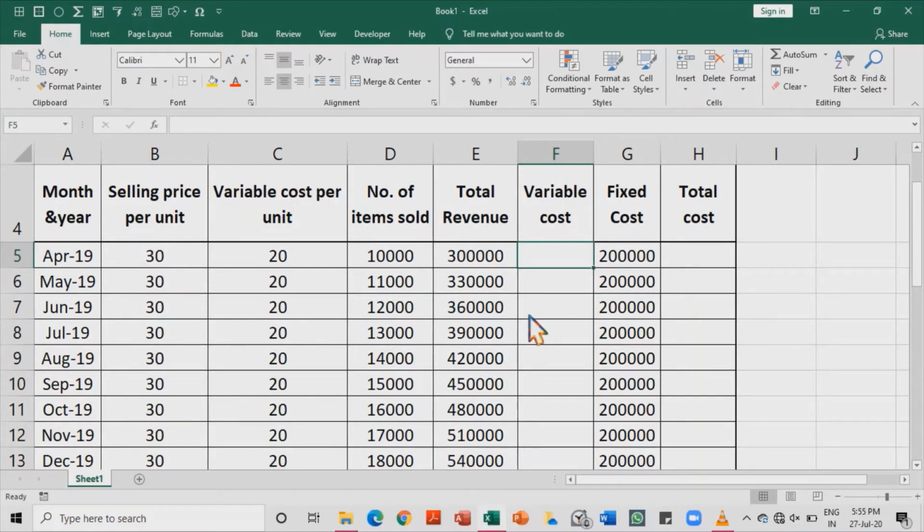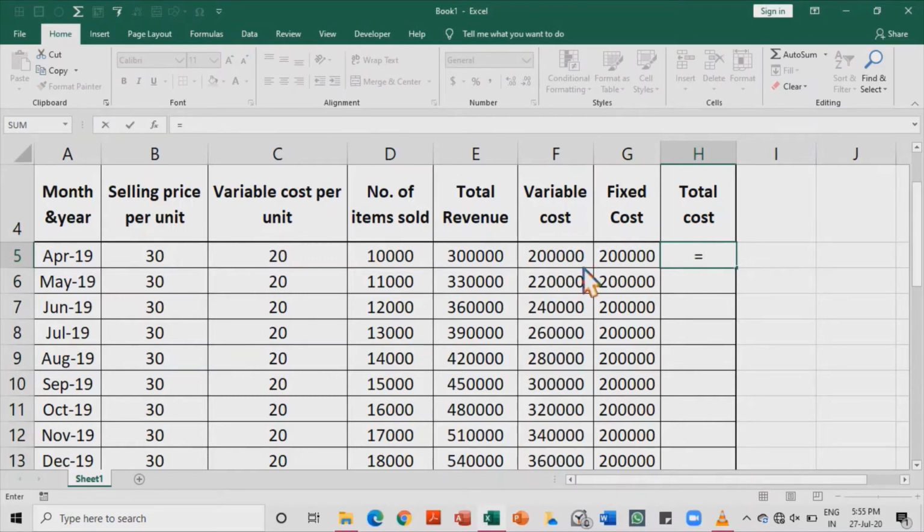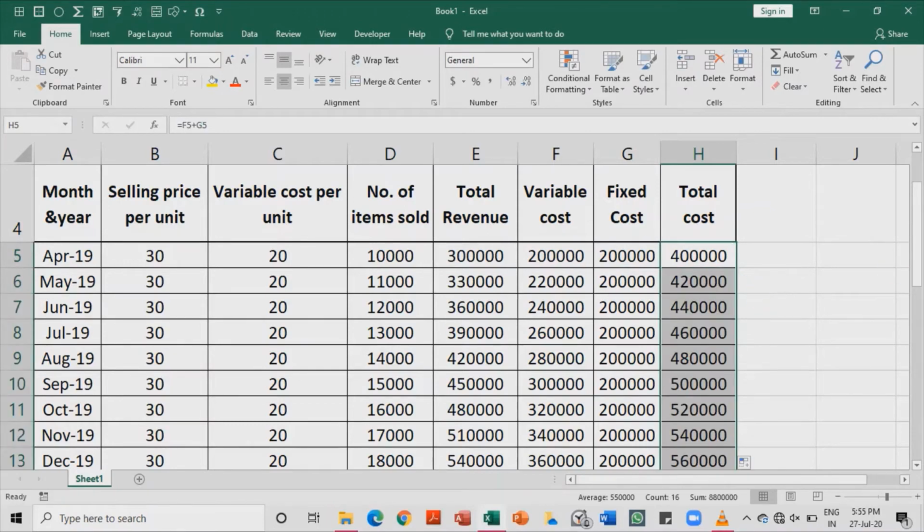The formula for variable cost is equal to variable cost per unit, 20 rupees, into number of items sold, 10,000. We get 2 lakhs here. Click the plus symbol, or else you can drag it. And total cost is nothing but variable cost plus fixed cost. Okay, do the same process, drag it down, or else double click on it.